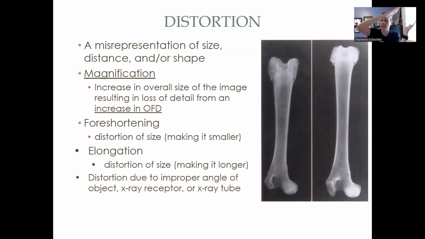If the angle of that is not parallel to your recording surface, okay, so if this is my recording surface and this is my tube head, these have to be parallel to each other. This is probably not the best picture. If I start changing the angle like this, that's when I'm going to get distortion, right?